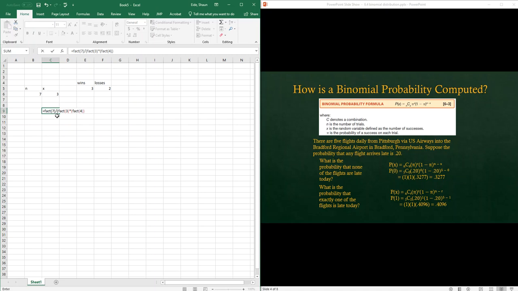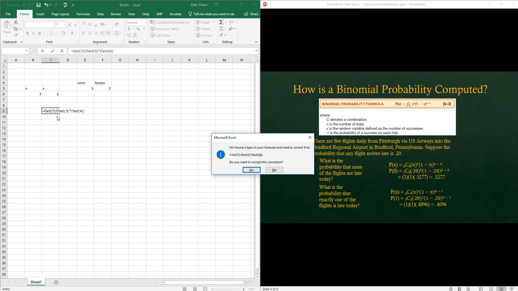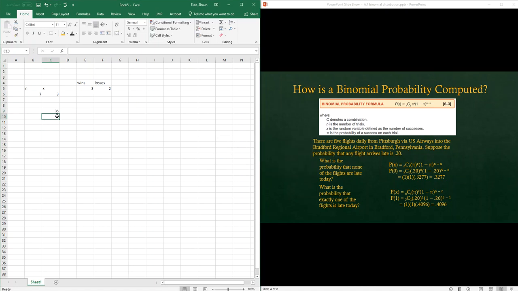And so that right there is the combination formula. So factorial of 7 divided by factorial of 3 multiplied by the factorial of 4 in the denominator. So that gives you 35. So that's a combination.